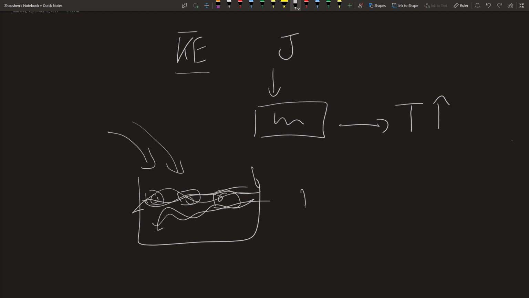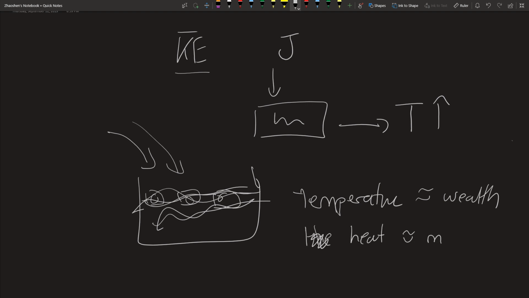So temperature is like wealth, and the heat or kinetic energy is like the money. If you add money to wealth, it's the same thing as adding heat to temperature. The relation between heat or kinetic energy and temperature is the same as that of money to wealth. Just an easier way to understand. You add heat, you gain temperature.